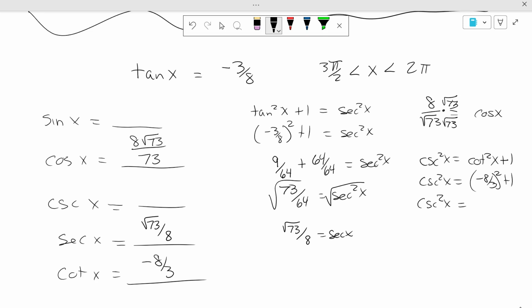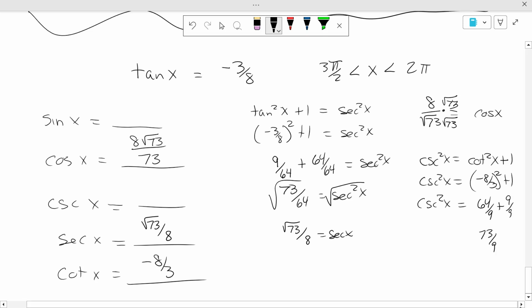What's negative 8/3 squared? 64/9 plus another 9/9 is 73/9, which is the square root of 73 over 3.